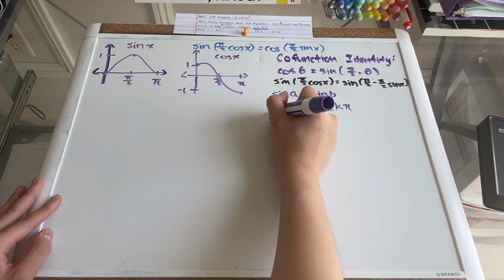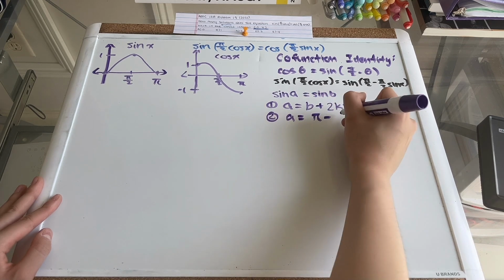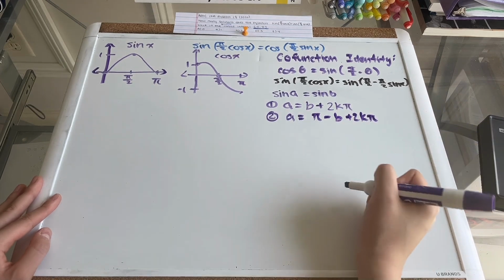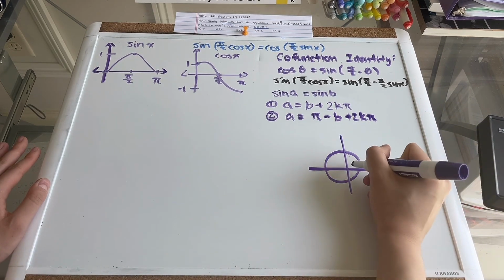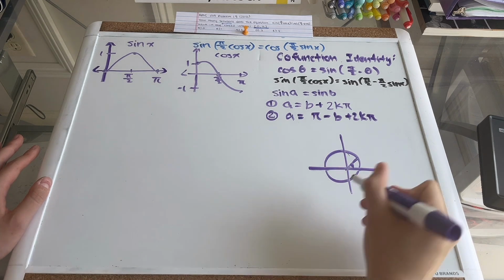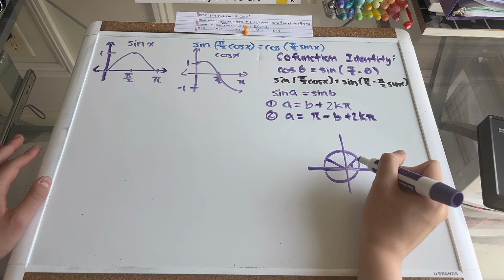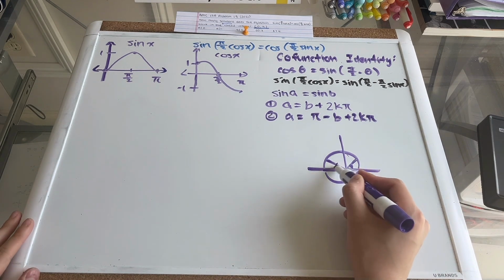And the second one is that A has to also be equal to pi minus B plus 2k pi. Basically, in a unit circle, if this is the angle, then it must also equal pi minus the same angle plus 2 pi k, because these two are equivalent, since the sines of these two angles are the same.